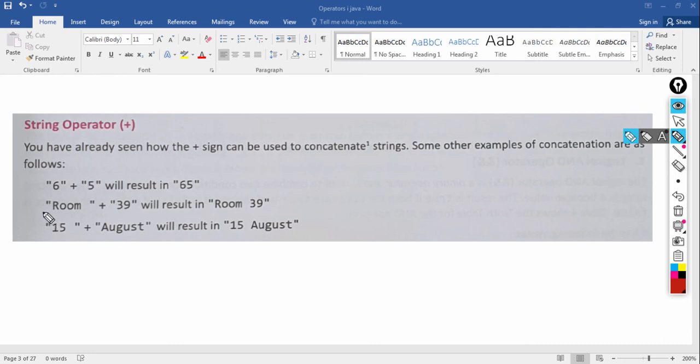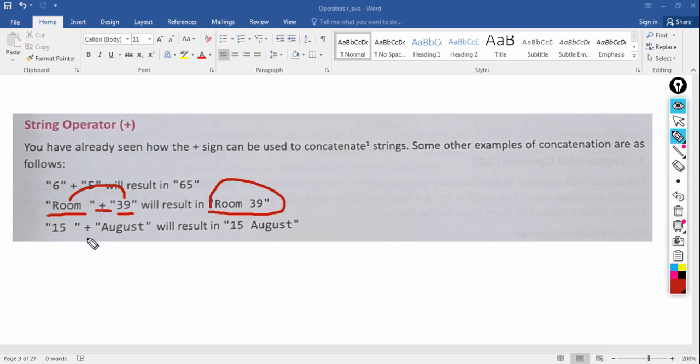Now here in the second example, the plus operator is used, and the operands are string "ROM space" and string "39". So if the plus operator is applied upon these two operands, the result will be "ROM space 39".